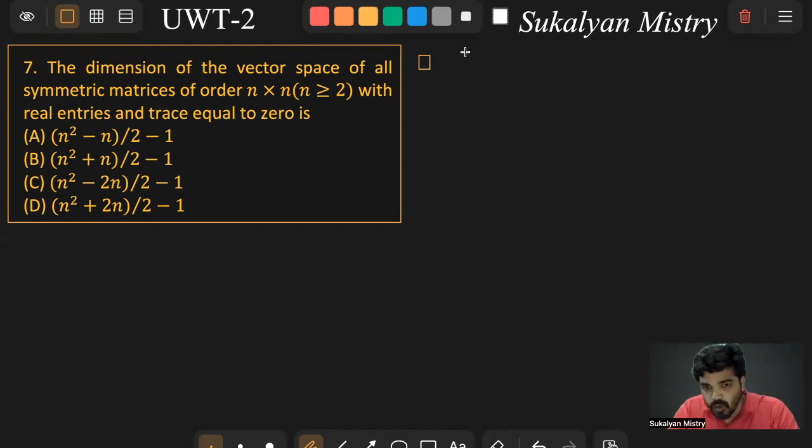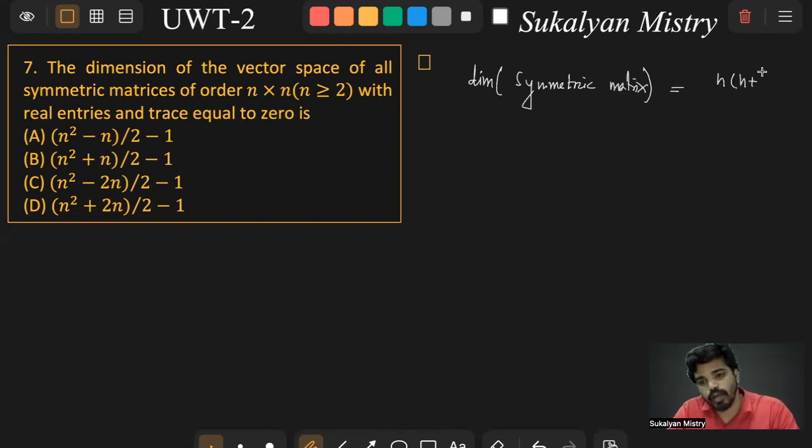So we know that the dimension of the n cross n symmetric matrix is n into n plus 1 divided by 2, and the dimension of a skew symmetric matrix is n into n minus 1 divided by 2. Okay, so that is n square plus n divided by 2.